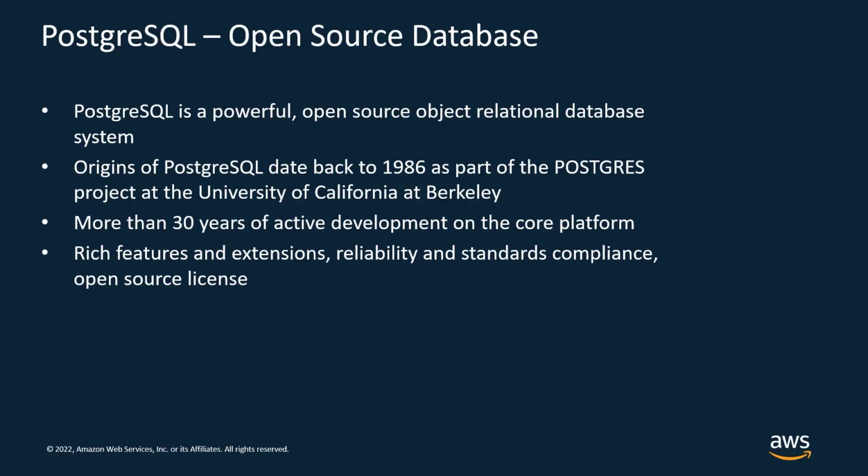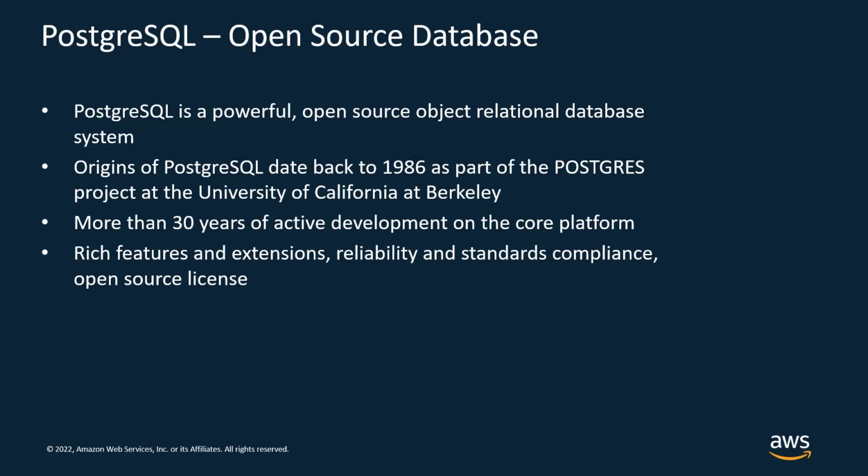For those who are new to Postgres, Postgres is an open source object relational database, emphasized on extendability and SQL compliance. It was originally developed as the Postgres project back in 1986 in UC Berkeley. It has been in active development for more than 30 years now.